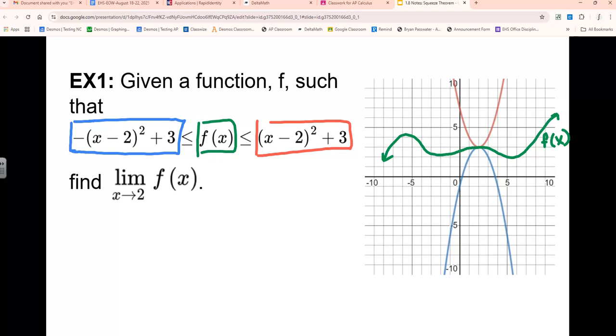So I have provided a graph for this, which makes it pretty easy to see what the limit is going to be. They have to share that same limit right there. All right? So if the limit of the blue graph is equal to the limit of the red graph, then the green graph has to have that same limit as well. What is the limit as x approaches 2 of f of x going to be in this case? It's going to be 3.